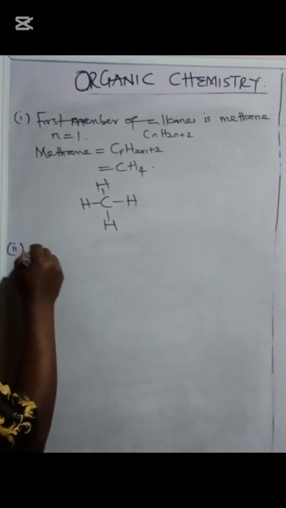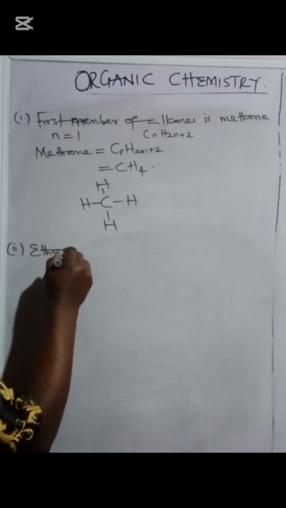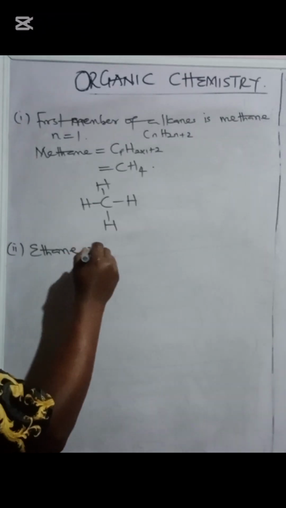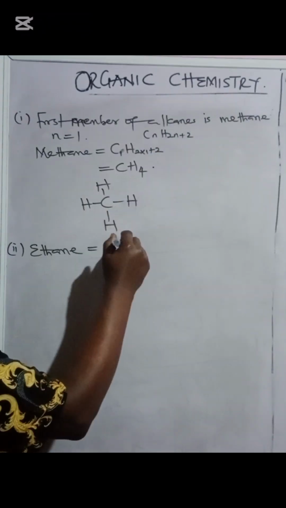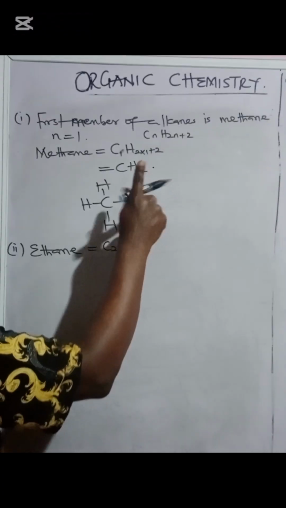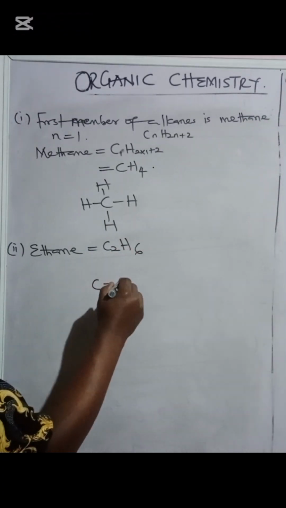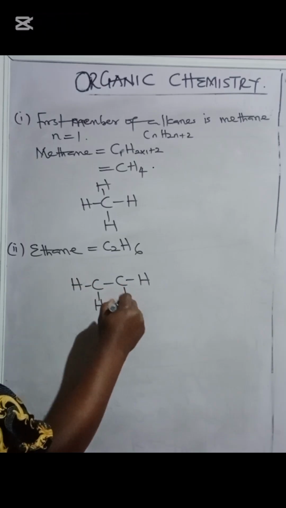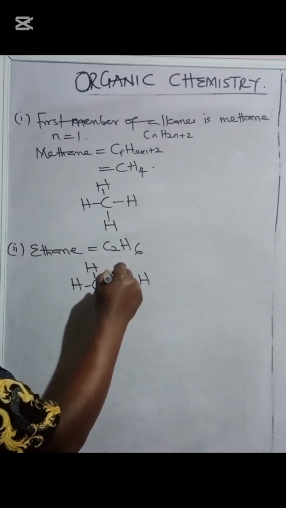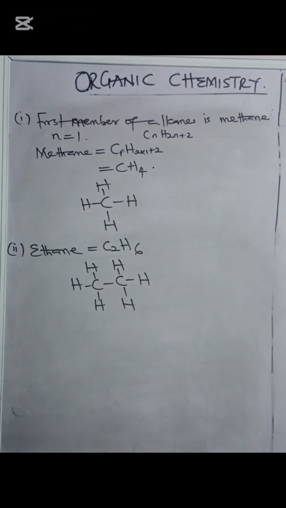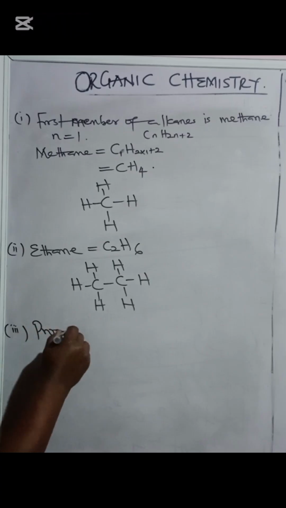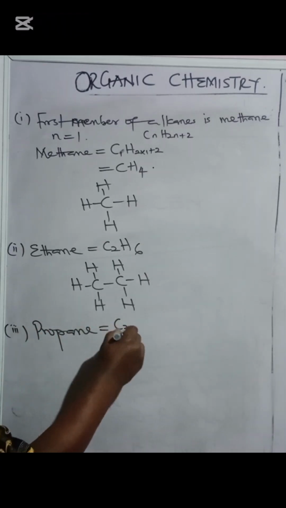The second member, we call it ethane. Ethane is C2. Apply the formula, H2 times 2, 4, plus 2, 6. The carbon, hydrogen here, hydrogen here, hydrogen here, hydrogen here. So that is ethane. 3, we have C3H8.